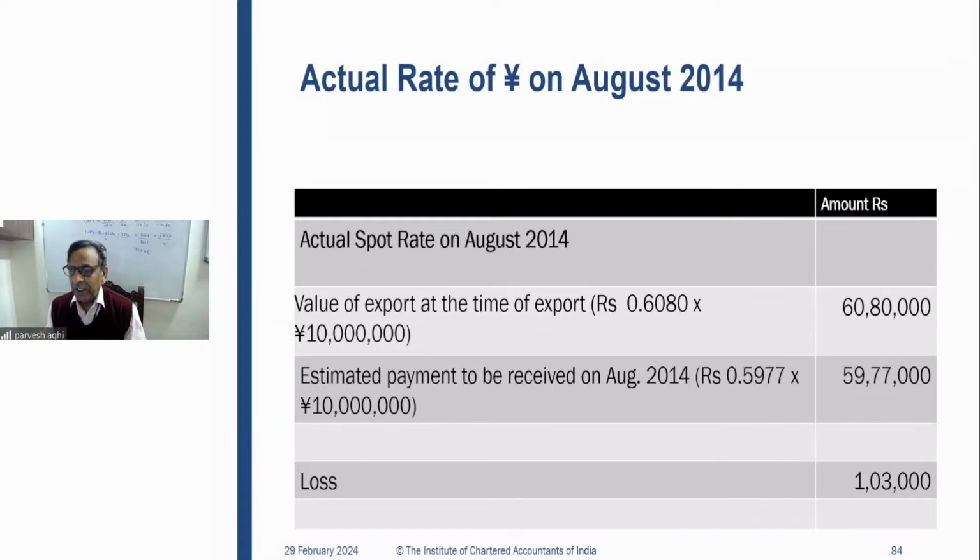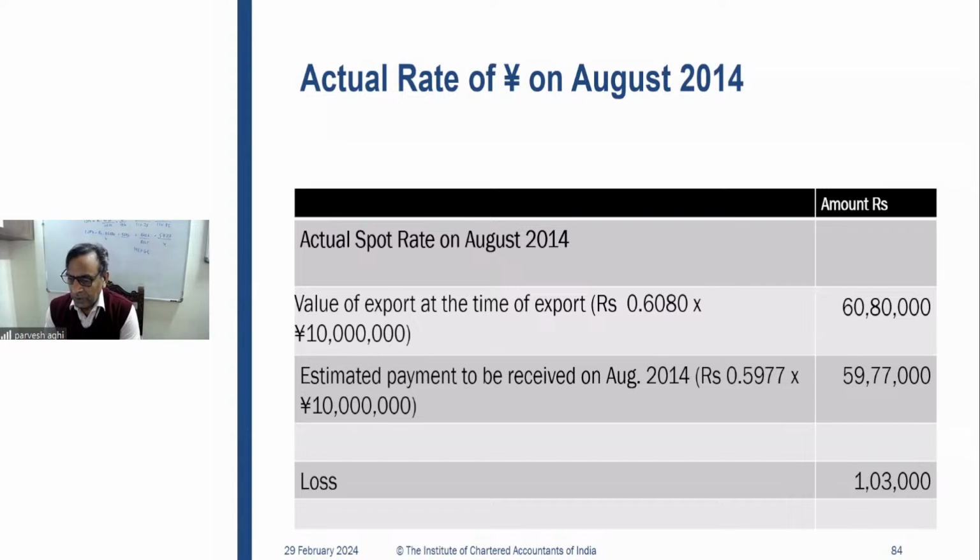So the forward cover, as we can see, would be giving you the best rate. Now, the actual rates on August 14, the spot rate which happened in August 2014. If he were not hedged, he would have got his money at these rates. The value of export at the time of export was 60,80,000.